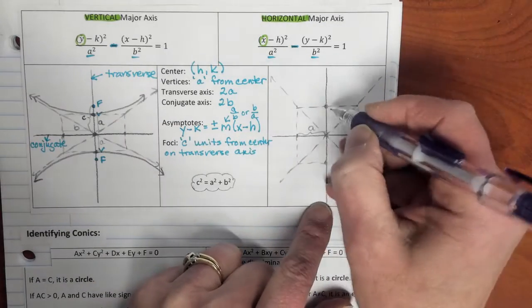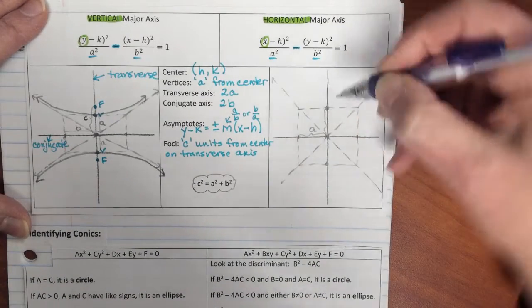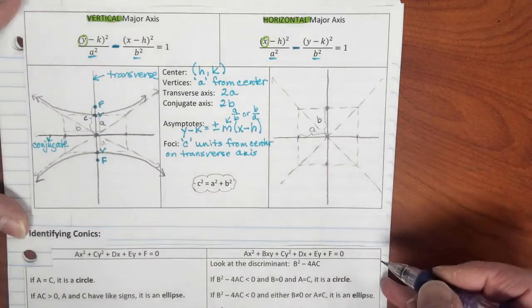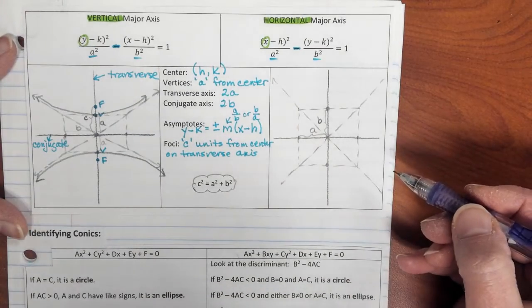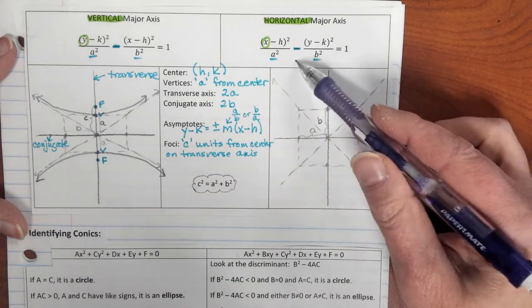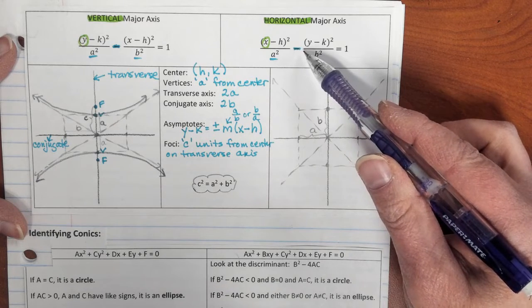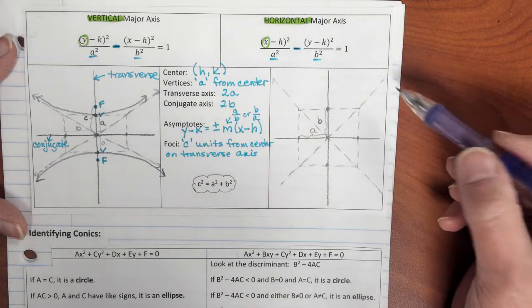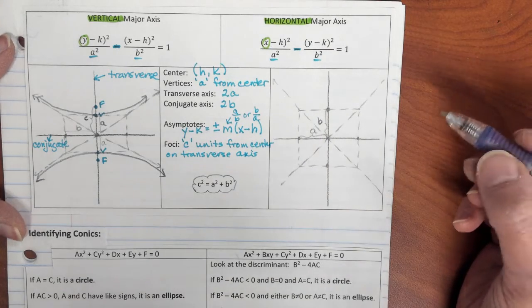Okay, I made this distance right there B. So, and it does kind of look like a square, but that's okay. Our A and B could be the same. But if there's a subtraction sign in the middle, it is not a circle, it would be a hyperbola. Now, because the x is first, then I know it's horizontal in nature.